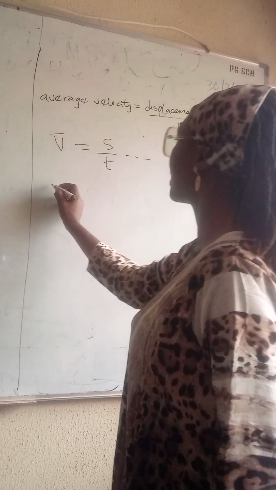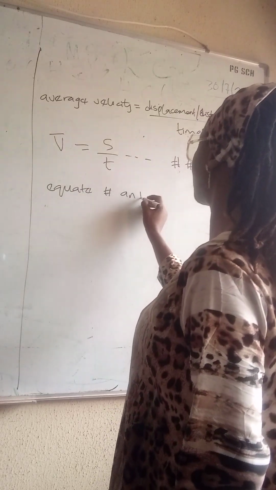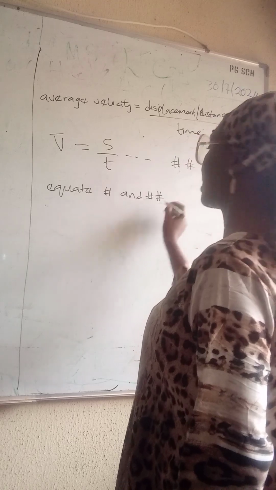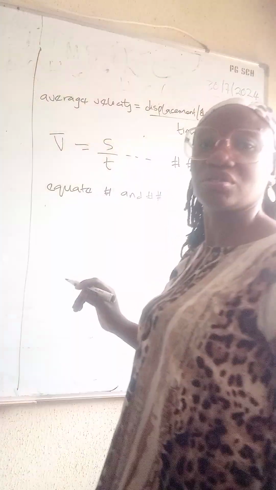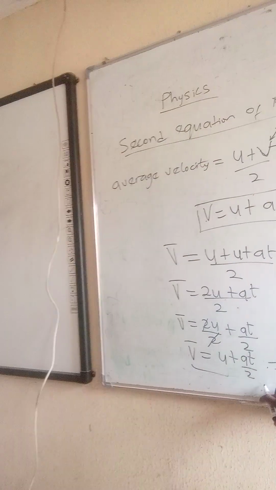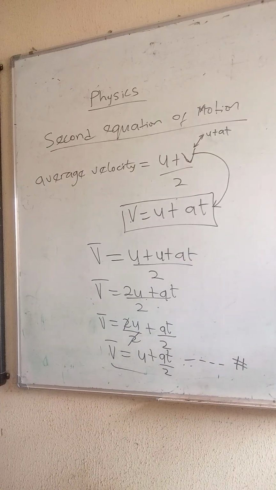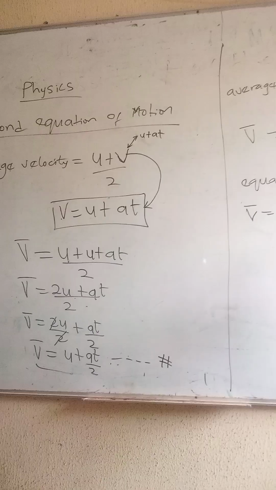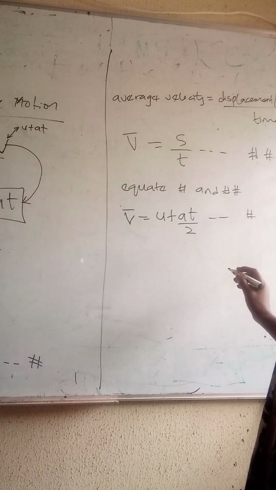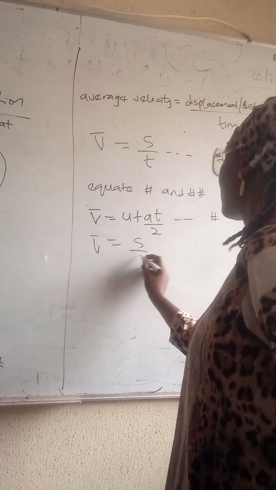Now if we equate equation one and equation two: we have established on one side that v is equal to u plus at all over 2, and we have established here that v is equal to s over t.